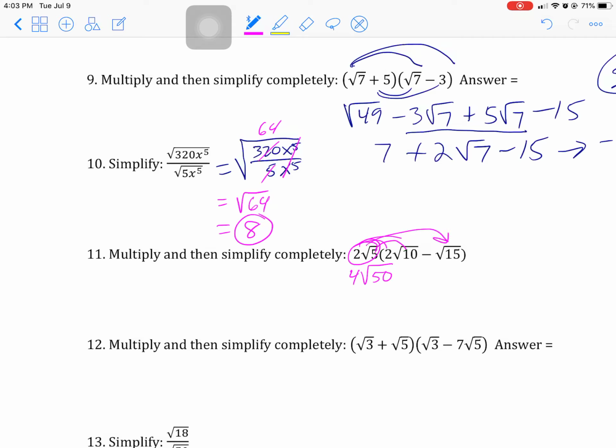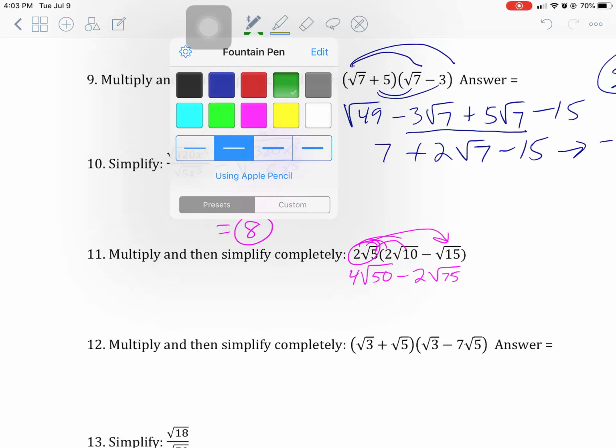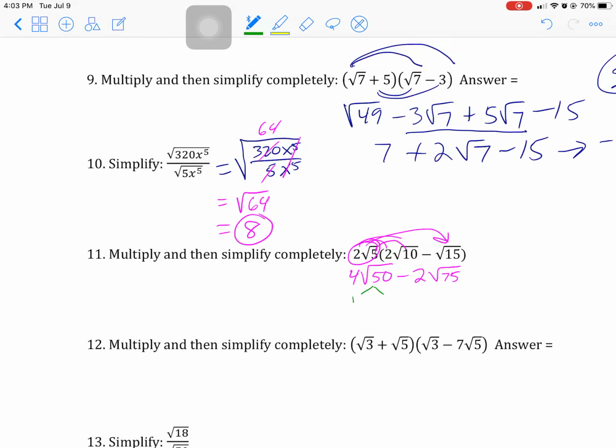This times this would be 2, and then 5 times 15 is 75. Yes. Okay. And then 50 is 25 times 2, which is 5 times 2, which turns that into 20 square root of 2.